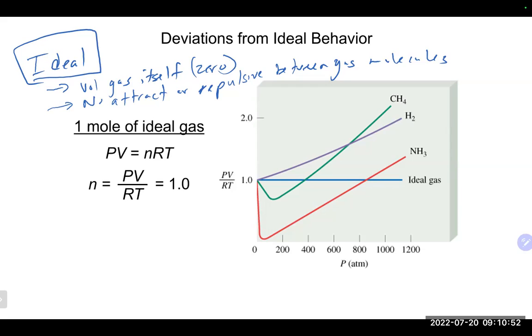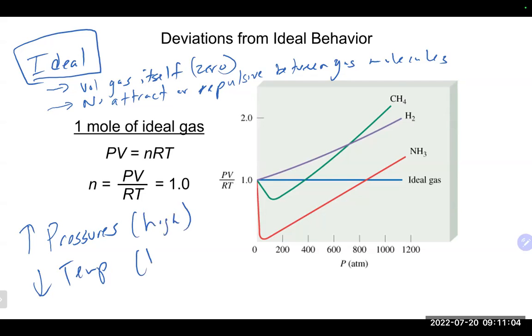But when we get to really high pressures or really low temperatures, so high pressures and low temperatures, we do start to see some deviation from this ideal behavior. We get a situation sometimes referred to as real gases, unlike the fake ones we talk about.